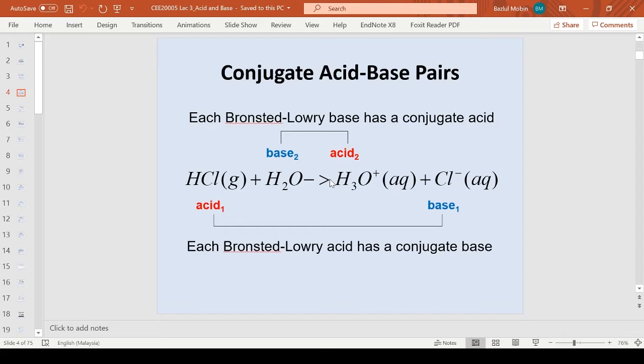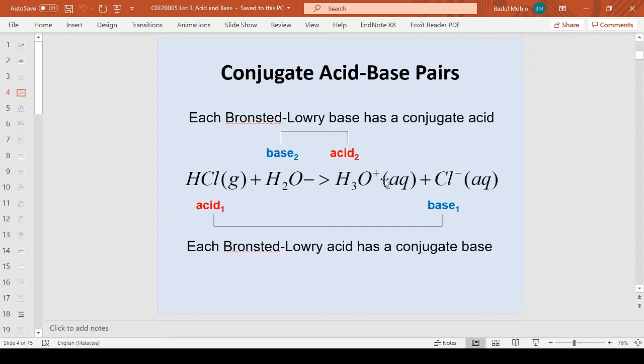The chloride is coming from HCl, or hydrochloric acid. So hydrogen is going as a proton, and the chloride is the conjugate base of that acid, HCl. And water accepts the proton and acts as a base, and when it accepts that proton, it becomes the hydronium ion, H3O+.